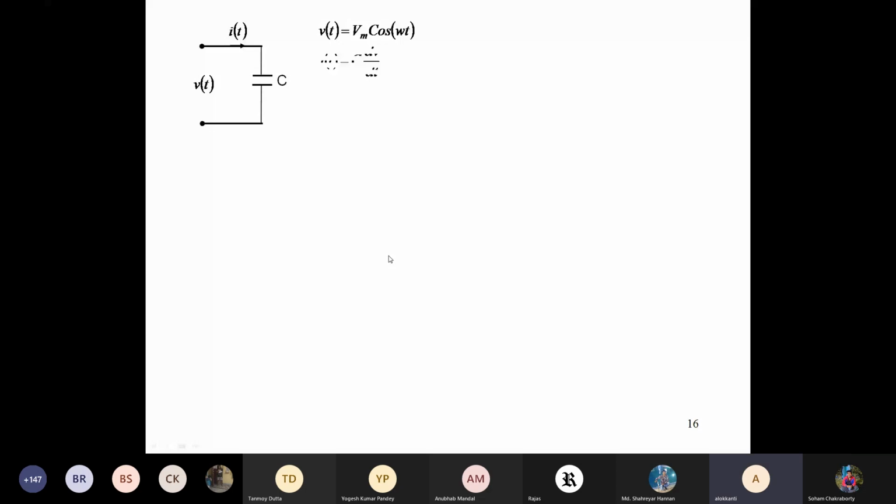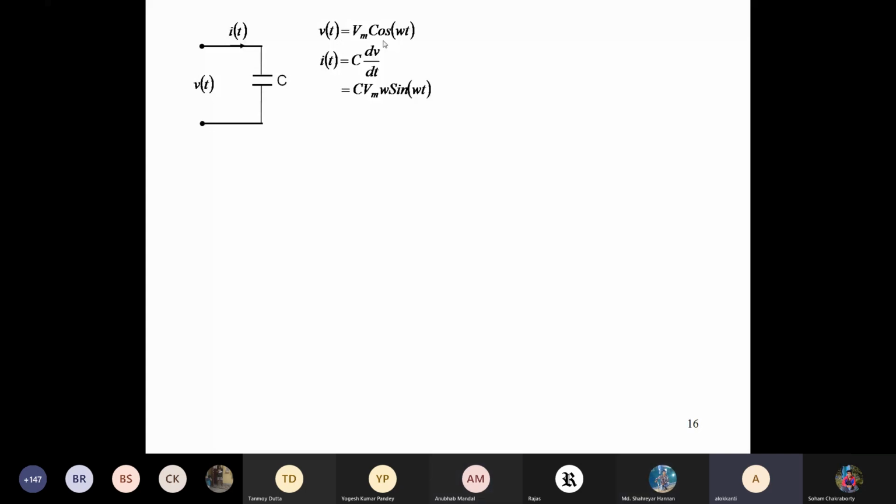i equal to C dv dt. And if you substitute this here, cos will give you sin omega t. Minus sign, sir. Did I make a mistake? Let me see.